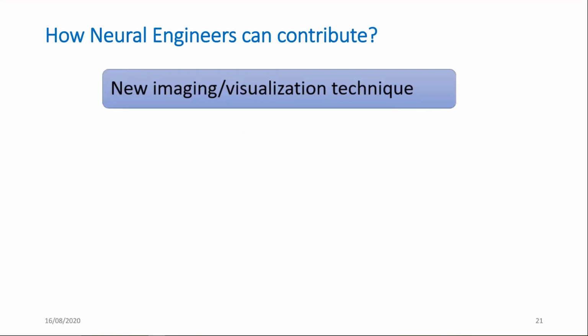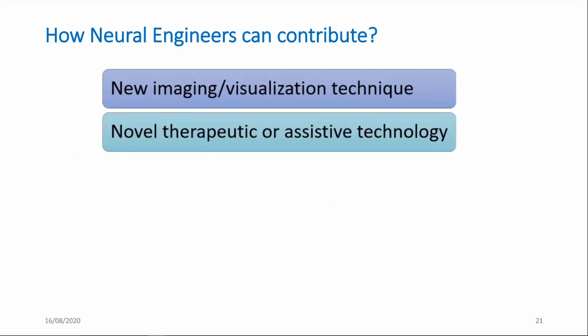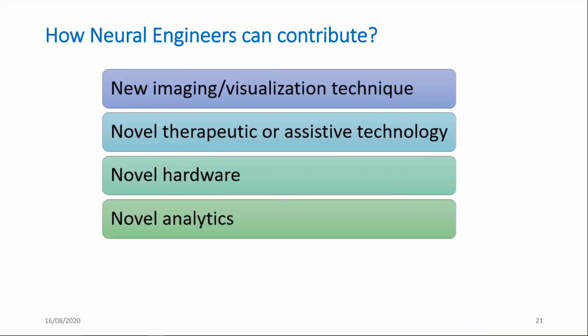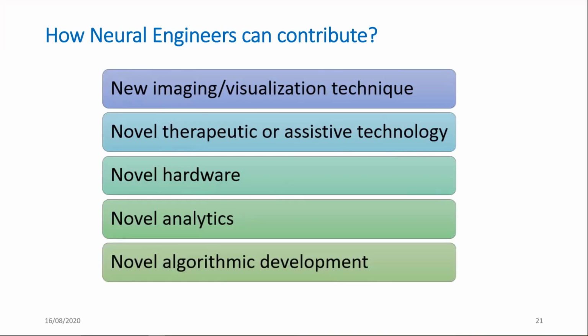They're creating new imaging or visualization techniques, and novel therapeutic or assistive technology. They're creating novel hardware like new electrodes, new analytics, new machine learning algorithms, new ways of looking into the data, and novel algorithmic development so that they can control those cool robotic hands with muscle signals, right?